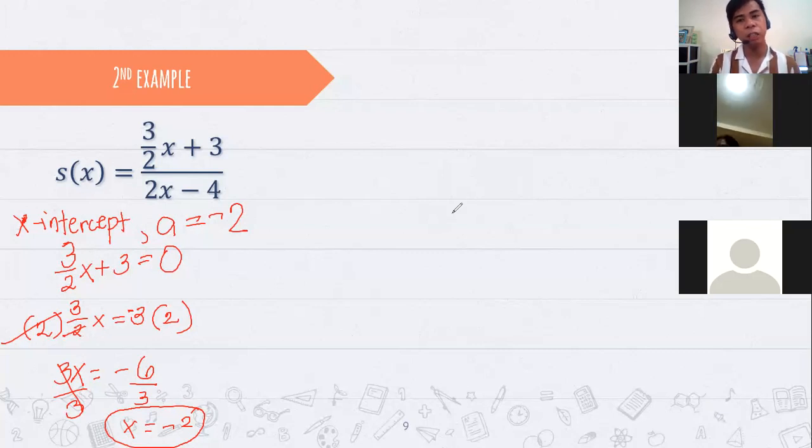Sa Cartesian plane natin, sa x-axis, tatama sa negative 2 yung ating graph. Kaya nga tinatawag natin siyang x-intercept at negative 2. Okay, clear po ba? Ganun din sa Y.